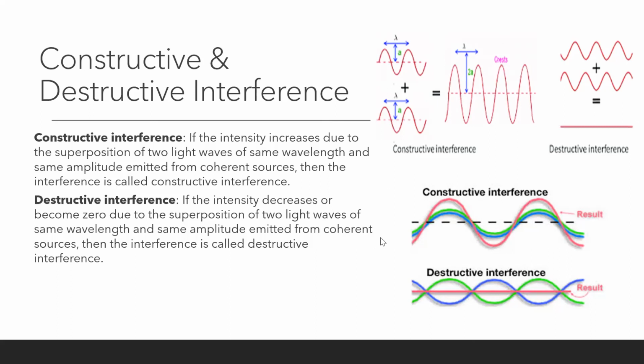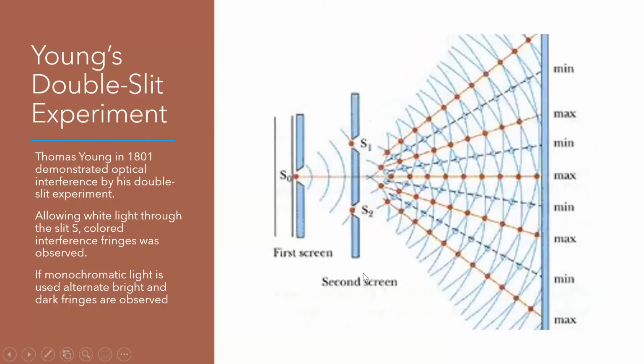Now, I told you that it was a young scientist called Thomas Young who, with his double slit experiment, showed that light shows interference. So let us see Thomas Young's experiment. This is Young's double slit experiment, the apparatus he used. Thomas Young in 1801 demonstrated optical interference by his double slit experiment.